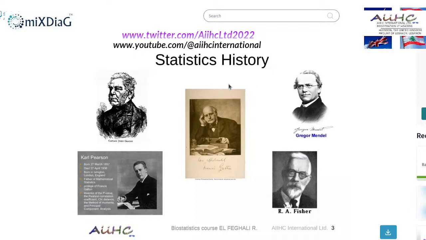So here we have statistics history. You could see, well, the beginning was in Asia, but this is a presentation of, let's say, the continuity of mathematics and algebra from India and from the Middle East in Europe, and where in fact they began quantifying a little bit the population.